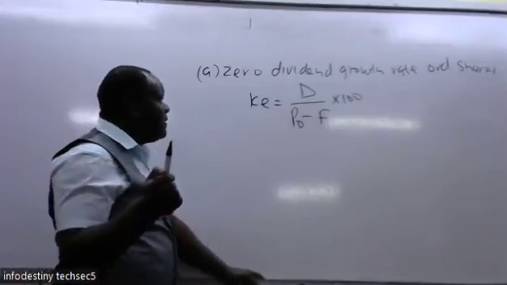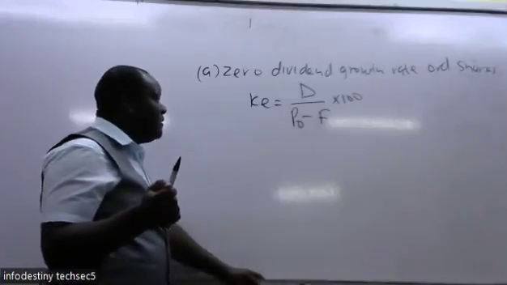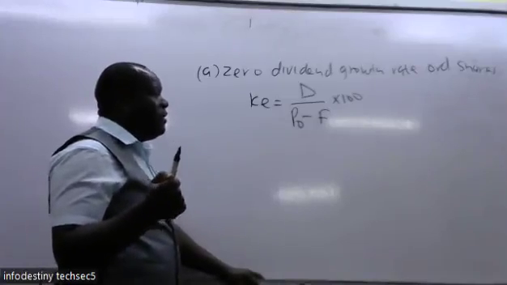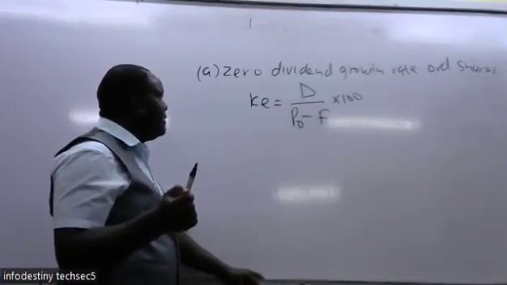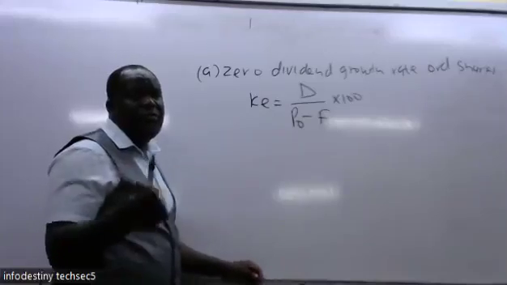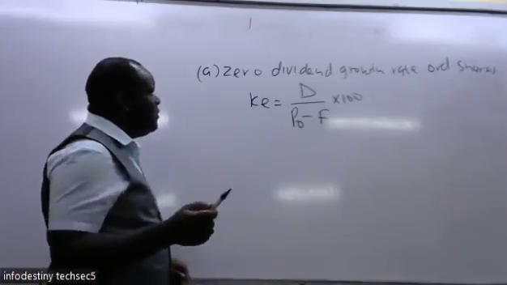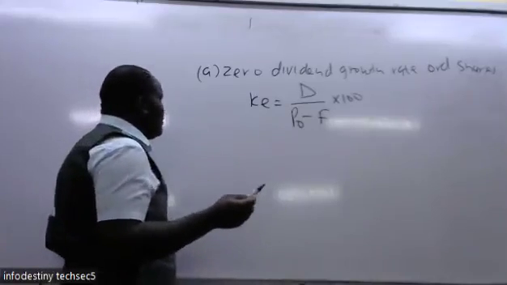D is the dividend per share, P0 is the current market price per share, then we subtract the flotation cost, and express it as a percentage. When it is zero dividend, the dividend will not change; it just remains the same.